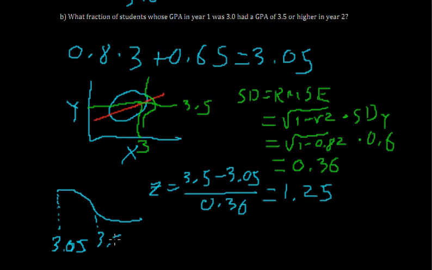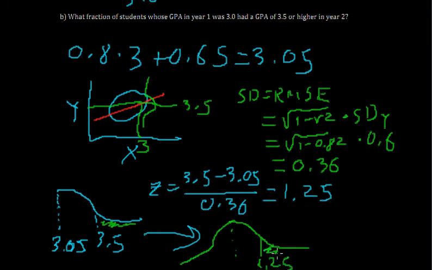So in terms of Z-land, once we convert that to a Z-score, we're looking at this area over here, going out to 1.25, and I'm looking at this area here. So I looked that up on a table, and that gives me about 10.6%. So about 10.6% of students who had a 3.0 GPA in the first year will have a GPA of at least 3.5 in the second year.